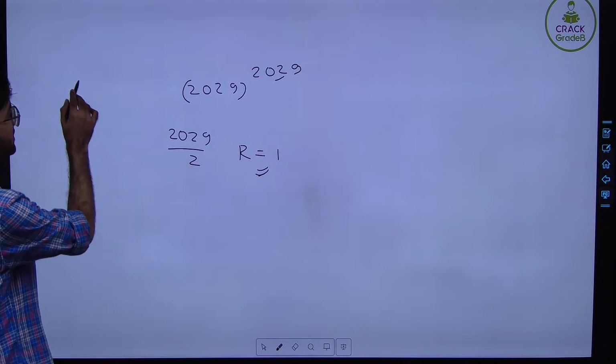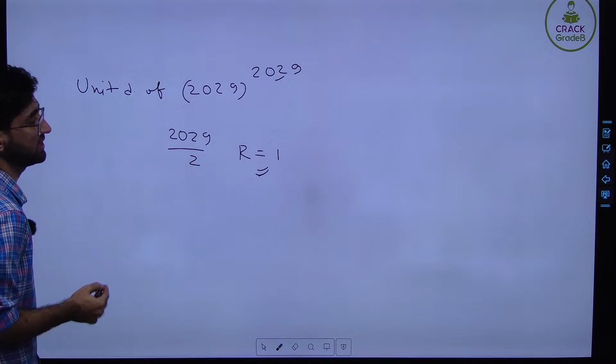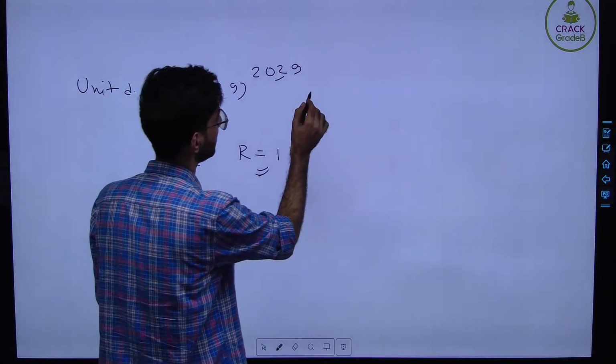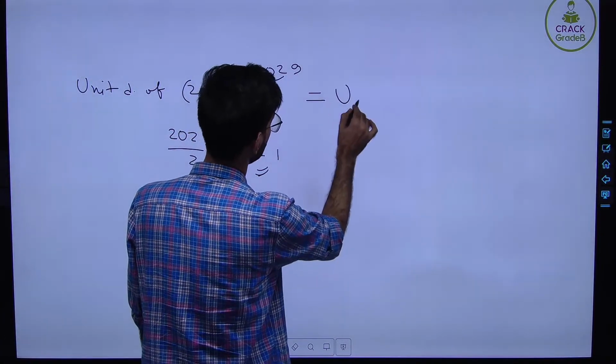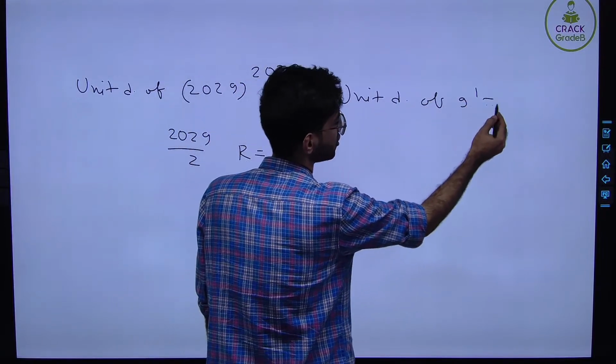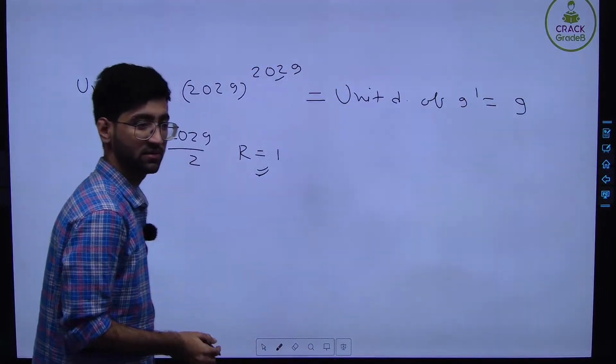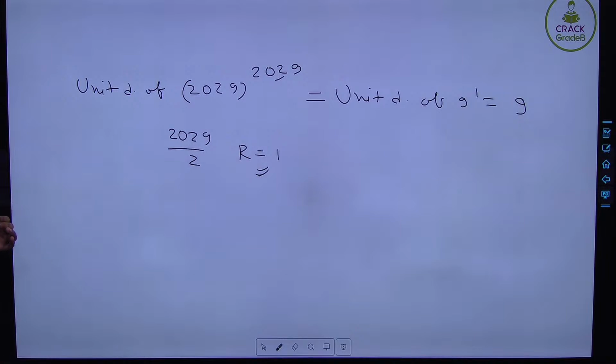And if the remainder is 1, means the unit digit of 2029 to the power 2029 is equal to the unit digit of 9 to the power 1. That is obviously equal to 9, right? Any doubt till now?